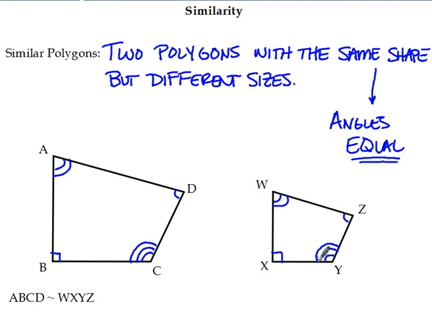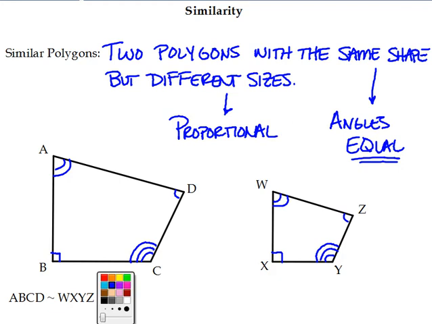But what happens now with the sides is that the sides are going to be proportional. And you were doing proportions in your last section. So proportional just means that they have the same ratio. So for example, let's say that the length of this side is 6.